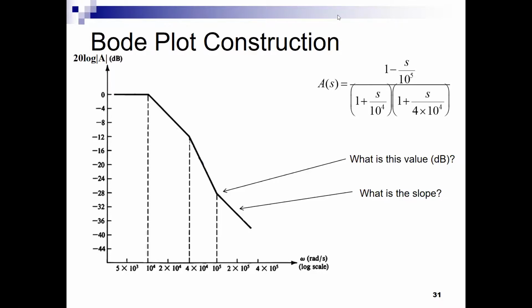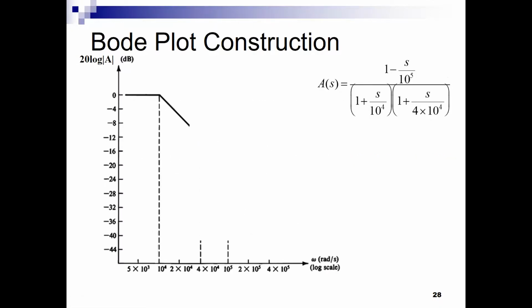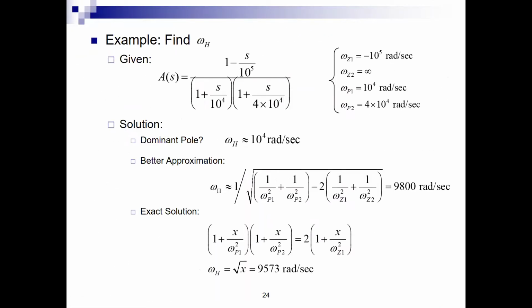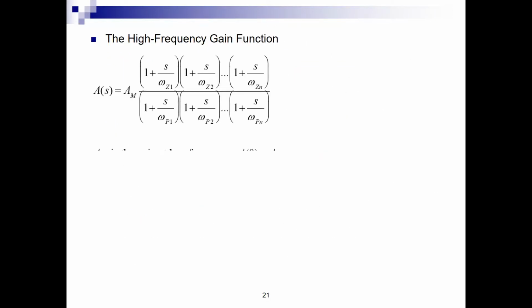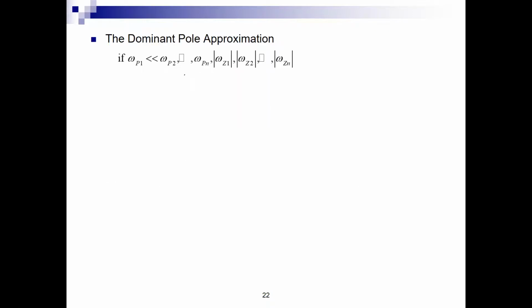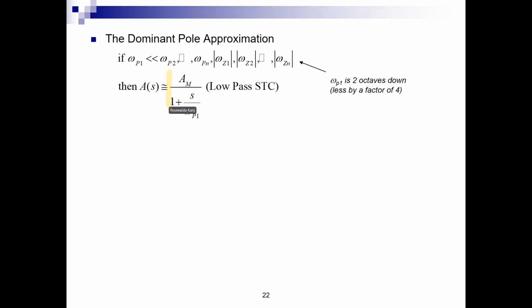What we said, let me just go back to where we mentioned this. There are two things that we were talking about here. First, if I have an expression and I want to approximate my transfer function into a simple form that is written like this, I need to find omega h.